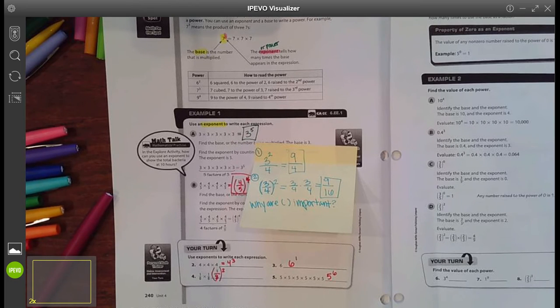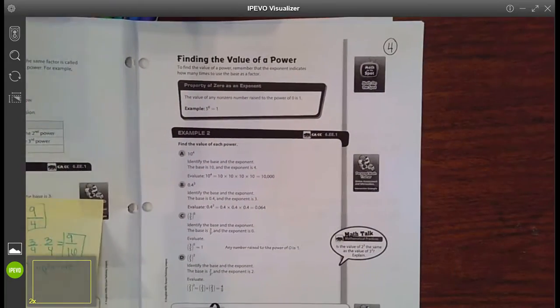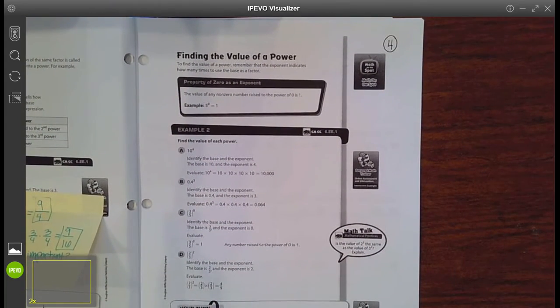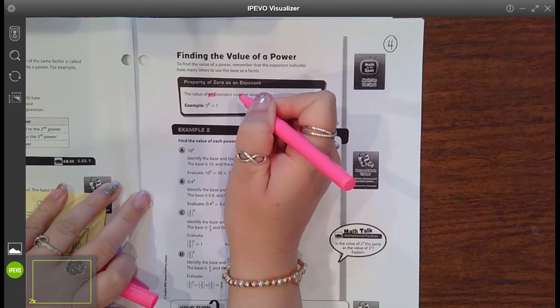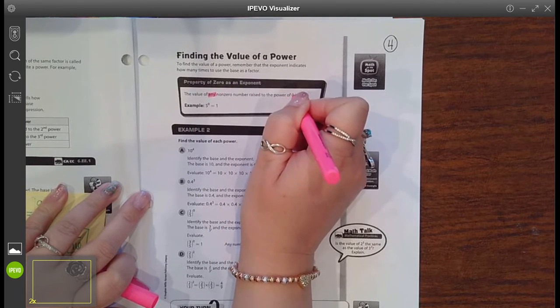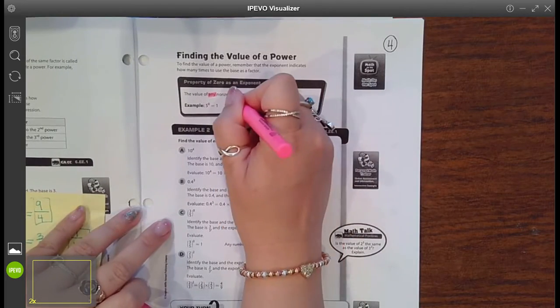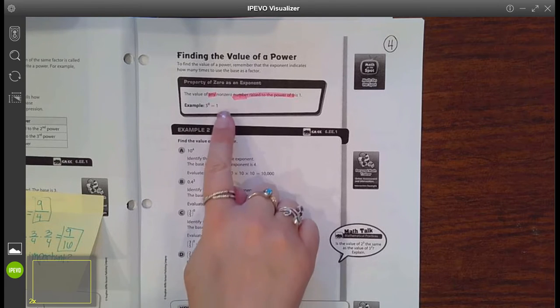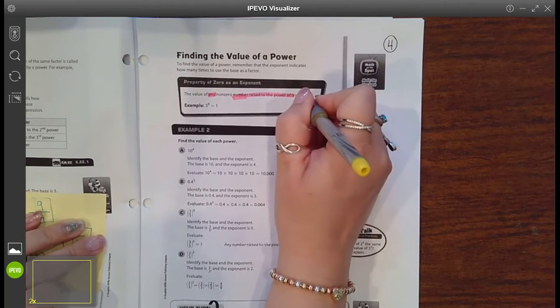There's one other lesson that we're going to explore today. Go ahead and turn to the next page, page 241. And that other example that we're going to talk about is the fact that any non-zero number raised to the power of 0, any number raised to the power of 0, is 1.